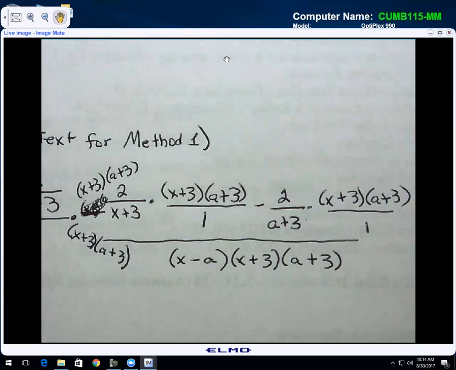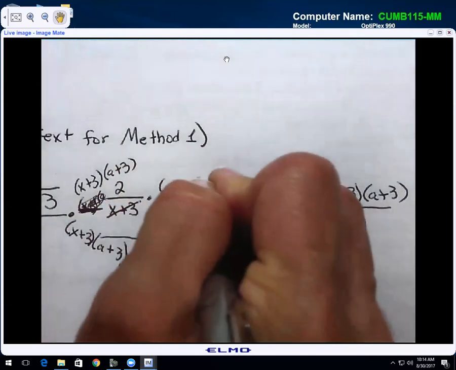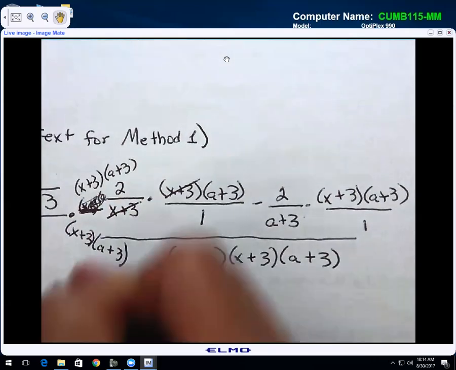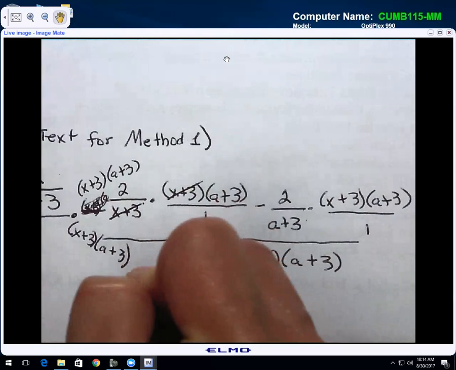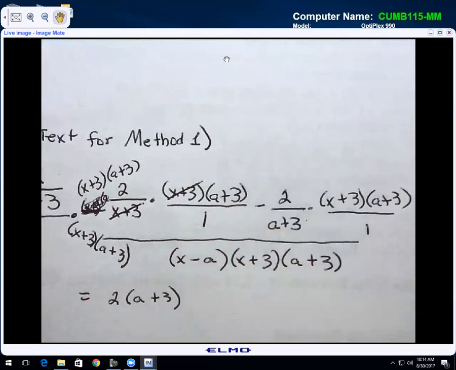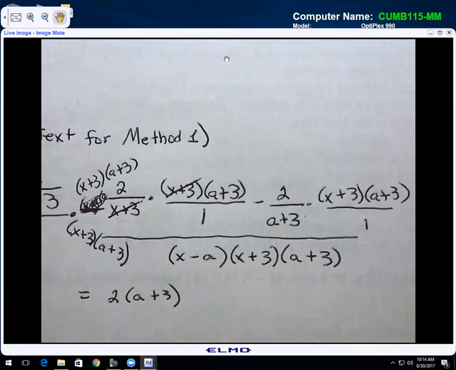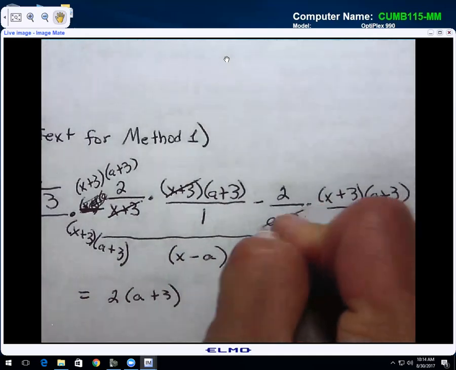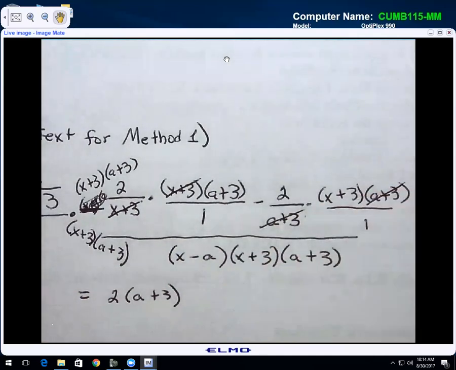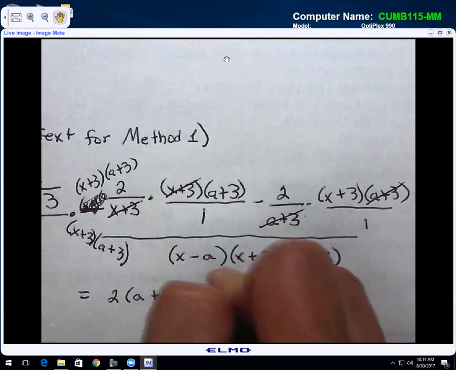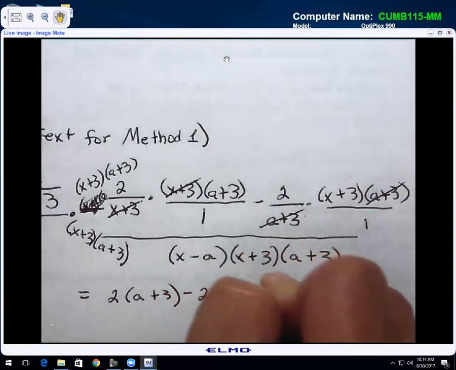Now, if I had to write that step in to do method 2, then this wouldn't be time saving. But I'm going to show you how it ends up that I can do that without having to write down that big ugly step. When I cancel my fractions in the first term, all that's left of the first term is 2 times a plus 3. When I cancel the common factor in my second term, all that's left is minus 2 times x plus 3.